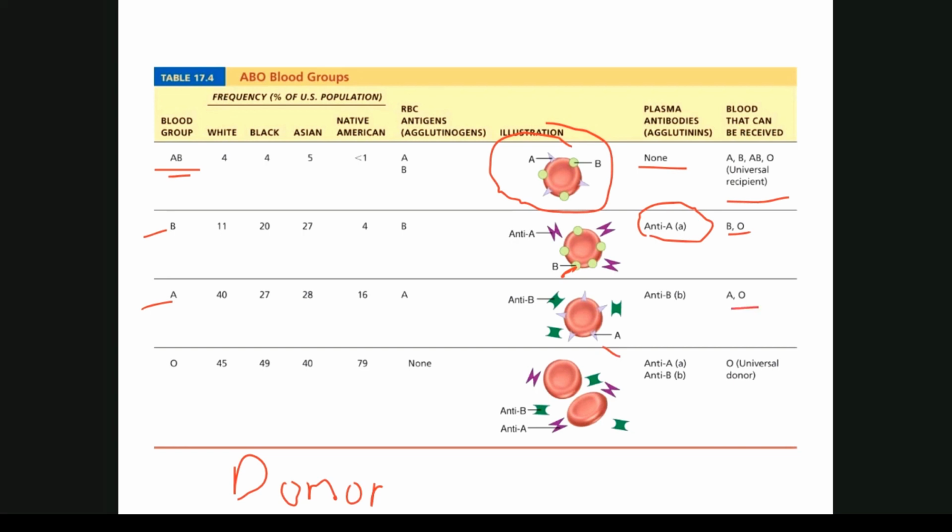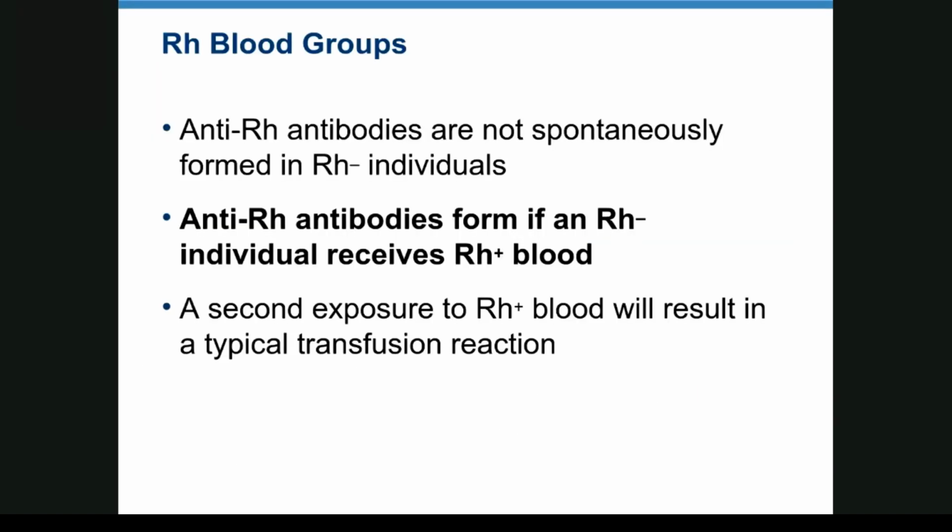Type O have no antigens on the red cells, so they have antibodies, but they're universal donor because you're not going to destroy these cells. When you give these cells, they're not going to be destroyed because they just are used to the antibodies that your recipient puts out.